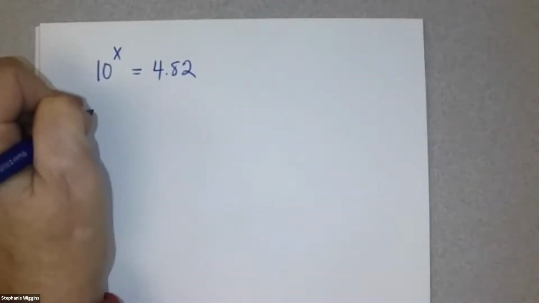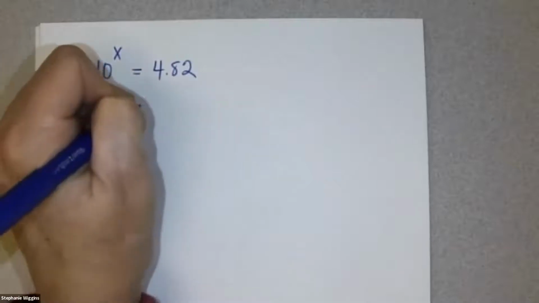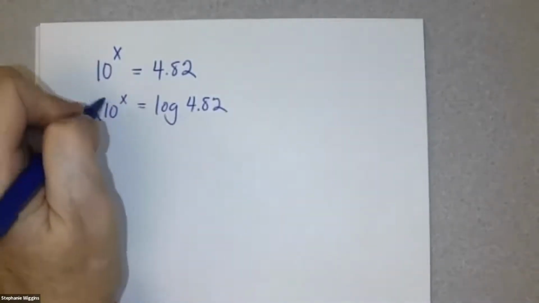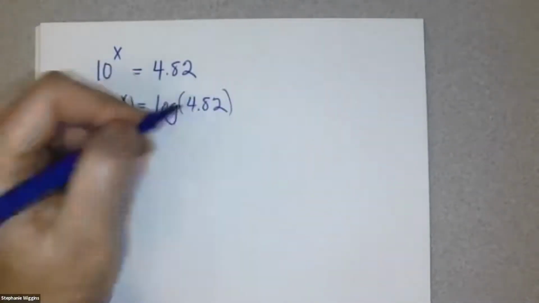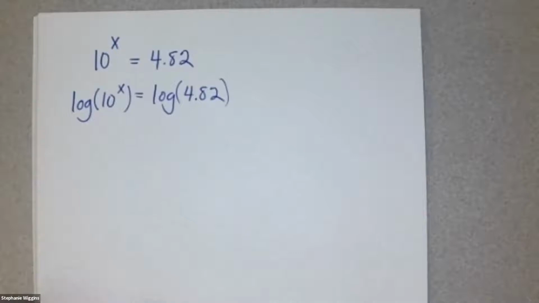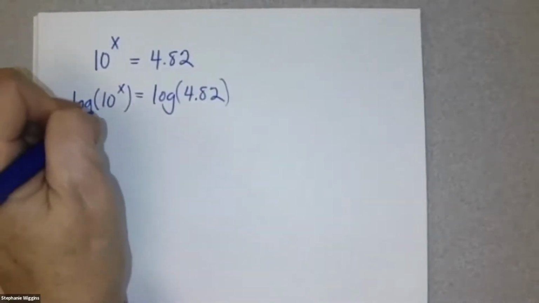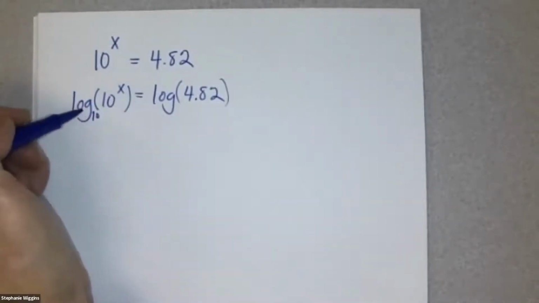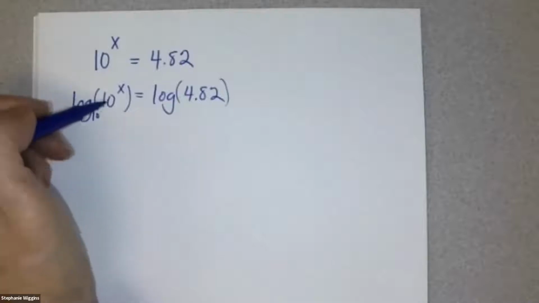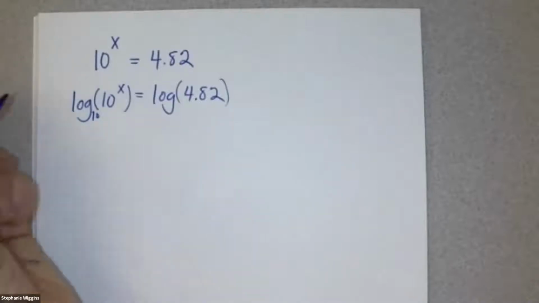So we take the log base 10 of 10 to the x equals log of 4.82. I just took the log of both sides. And you see, this is base 10, right? It's a common log. So this effectively cancels, so it's just x.